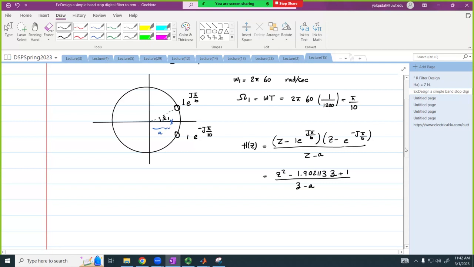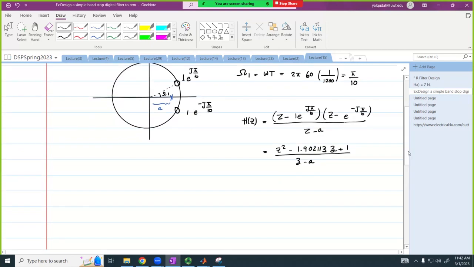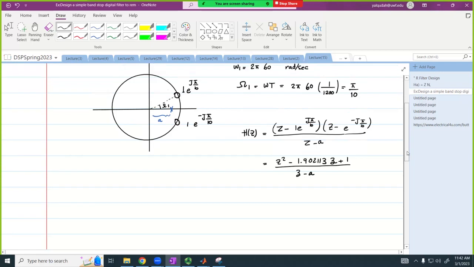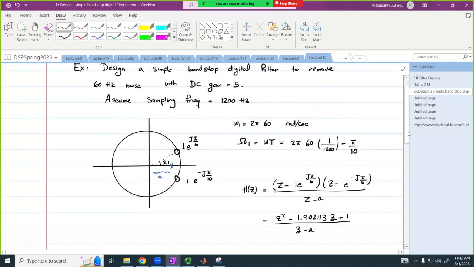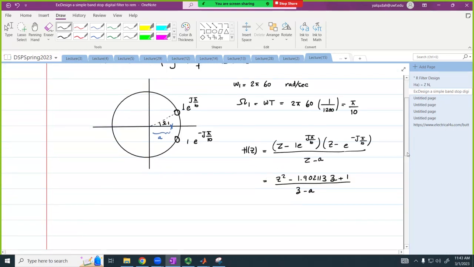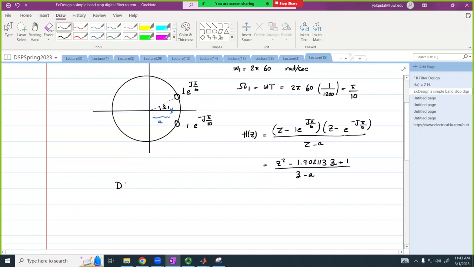Okay. How do we find the value of a? The gain. Since we have a gain specified, we only have one parameter to choose, and that is it. What is the DC gain? 5. And what does that correspond to?